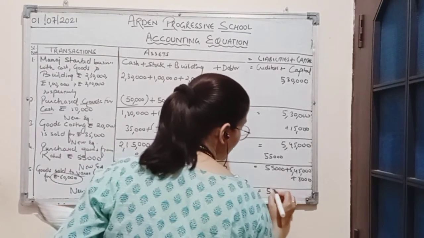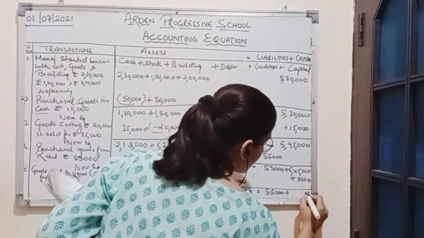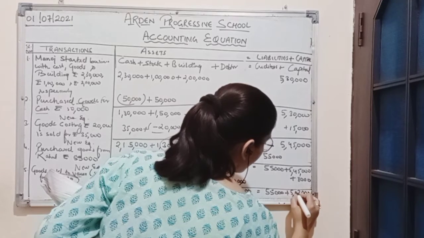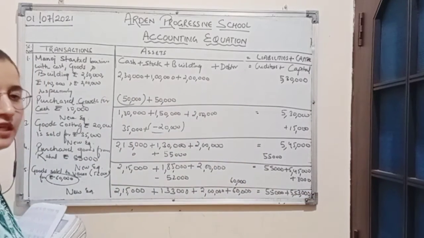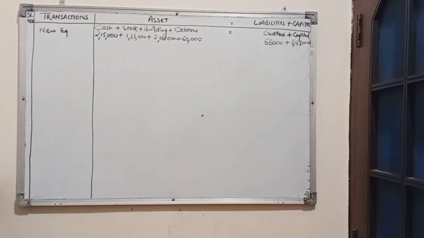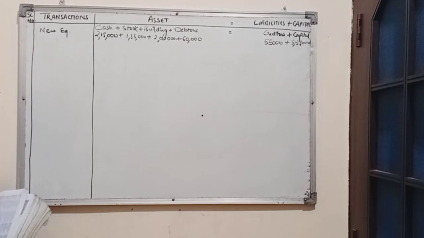Creditors amounting to rupees 55,000 and capital amounting to rupees 5,53,000. Now here I have carried forward the last equation where cash is amounting to rupees 2,15,000, stock 1,33,000, buildings amounting to rupees 2 lakh, debtors 60,000, creditors 55,000 and capital 5,53,000.